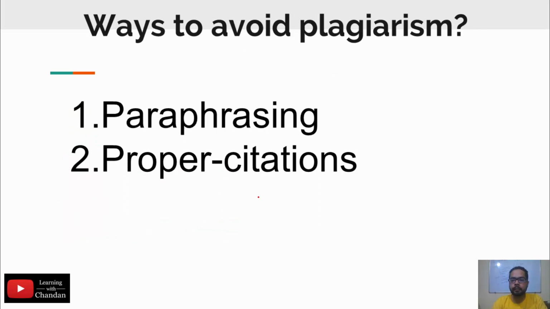Now another thing that was asked by somebody was ways to avoid plagiarism. I'm not sure whether you know what plagiarism is or not, but I would like to tell you. Plagiarism is an act of taking somebody's work and showing it as your own.